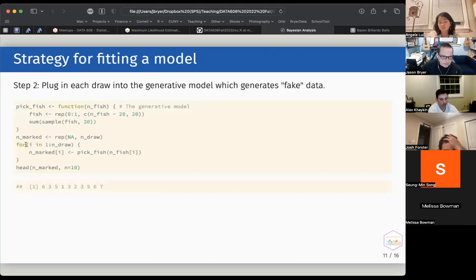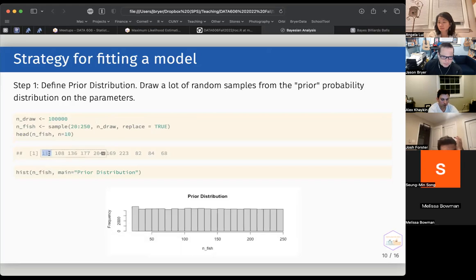So I'm going to initialize this other vector called n marked with missing values, NA, and draw, which I think was 100,000. Now I'm just going to loop through all of them and call pick fish with that vector. So I'm going to call pick fish with 117, then 108, 136.